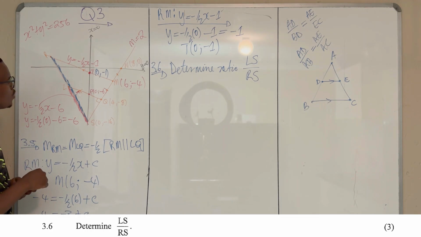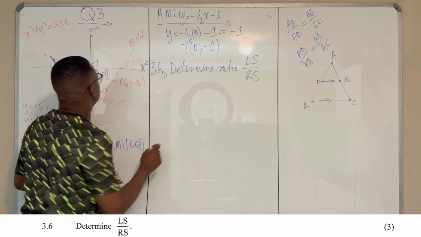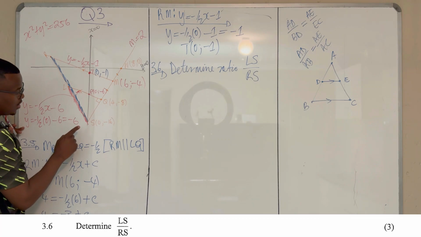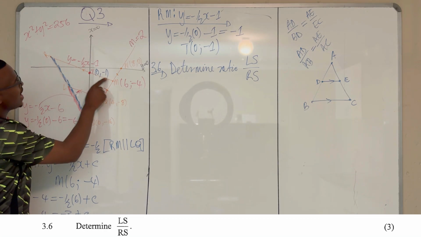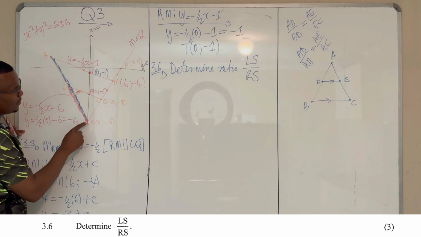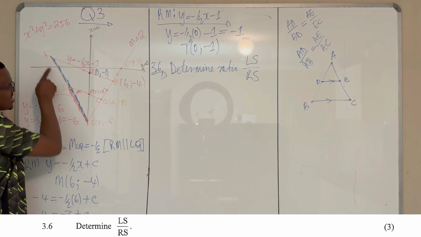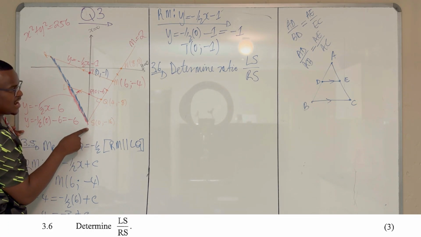So, how do we go about this? We're going to say, okay, we want LS over RS. So we can look at the bigger triangle, which is SRM, which means if you look there, you'll say LS over RS is equal to QS over MS, right?